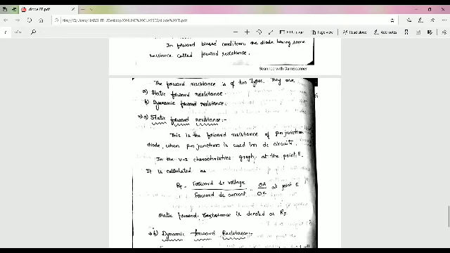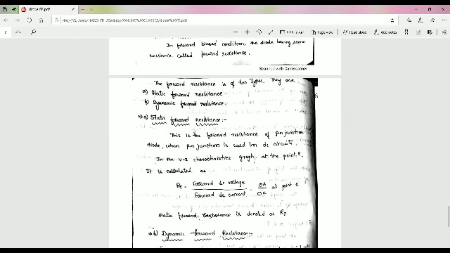Forward bias means P is positive and N is negative. The forward resistance is defined in two ways: first one, static forward resistance, and another one, dynamic forward resistance.